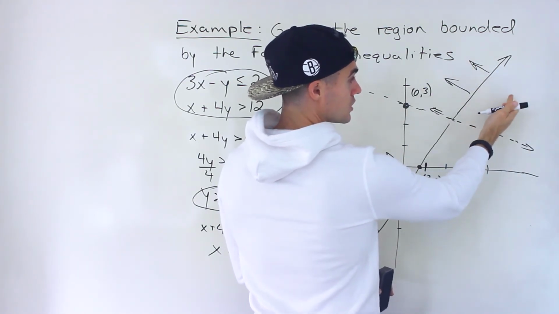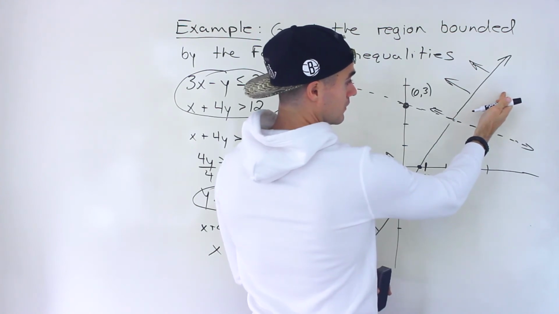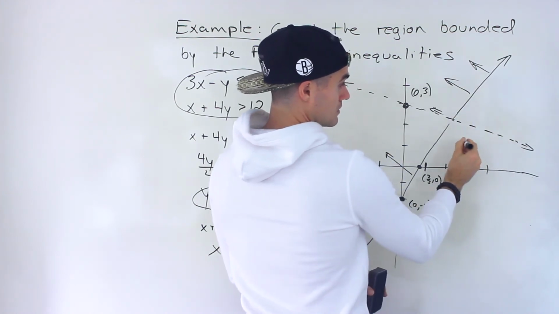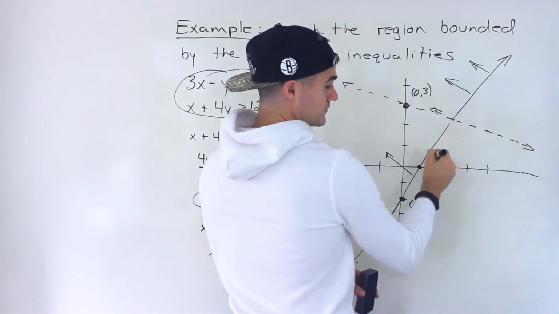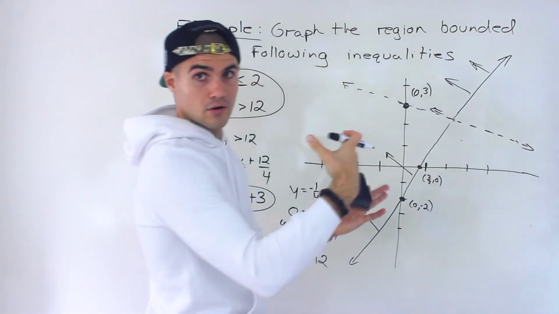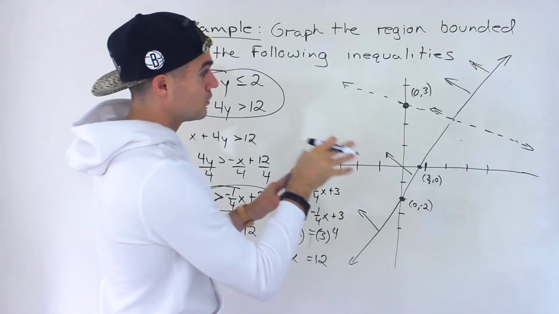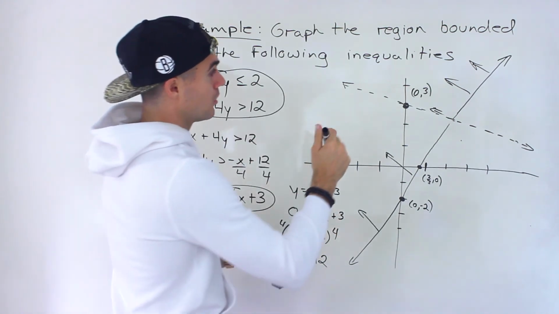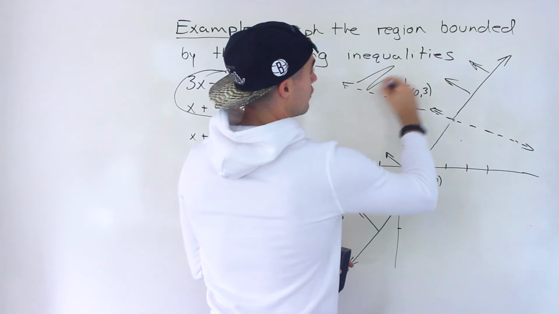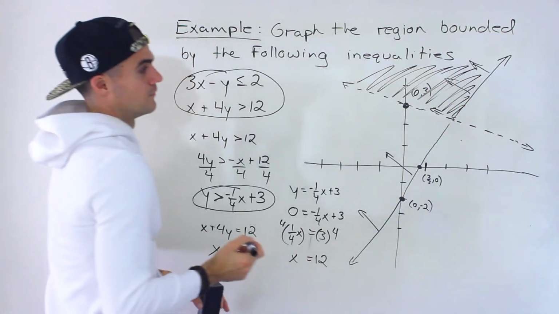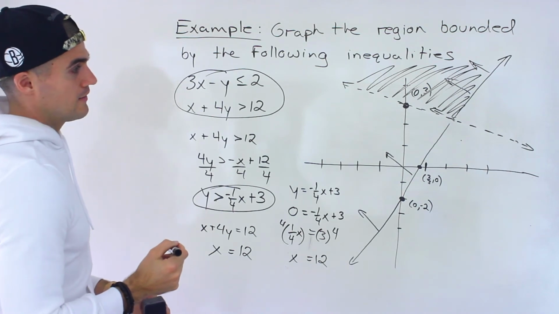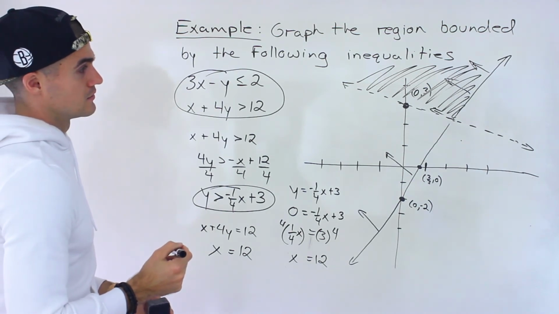So it's not in the region of the first inequality, right? This region over here is actually not in either of the inequalities. So the only region that's shared by both would be this region over here, right? And that would be the answer right there.